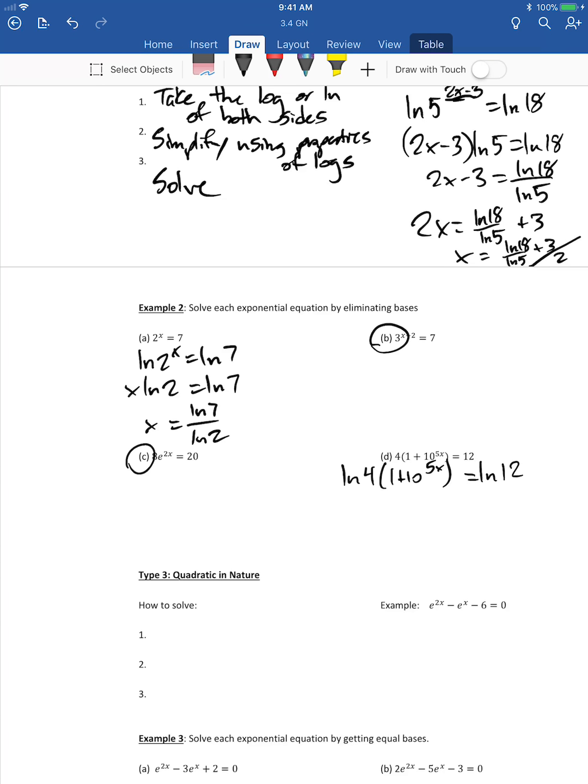And now I'm multiplying 4 times 1 plus 10 to the 5x power. If I'm multiplying, I can split that up into an addition. And now I can subtract the natural log of 4 from both sides.